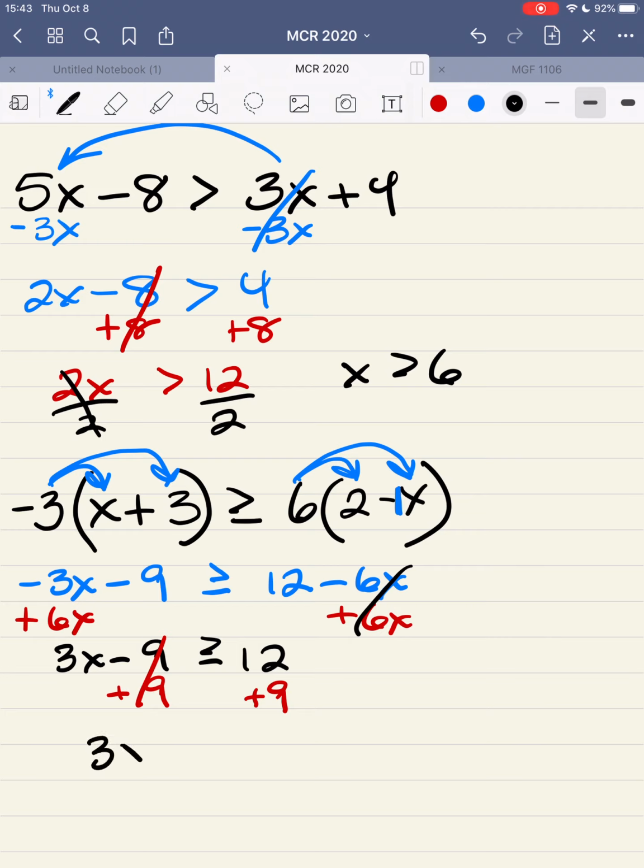So I have 3x is greater than or equal to 12 plus 9, which is 21. I'm going to divide by 3. I'm dividing by a positive, no sign change needed. I don't need to flip my inequality. So x is going to be greater than or equal to 21 divided by 3, which is just 7.